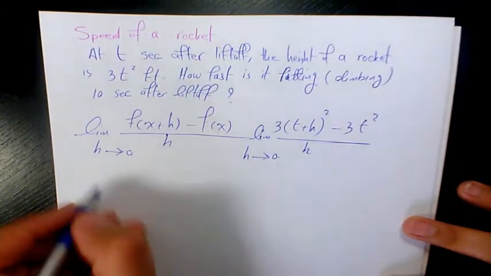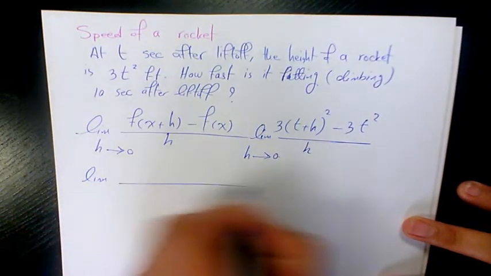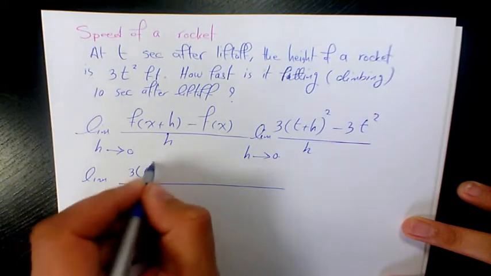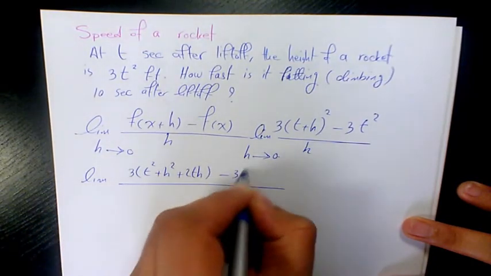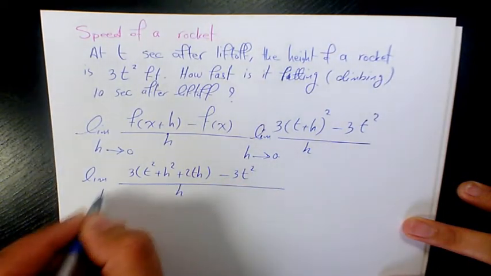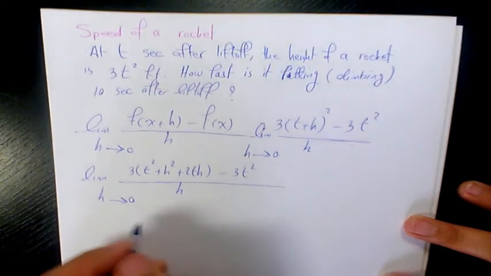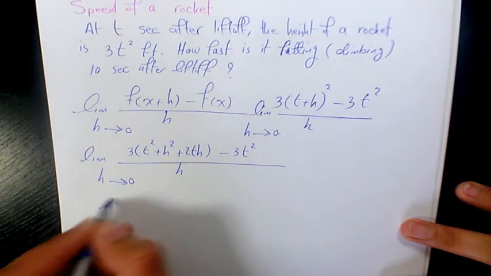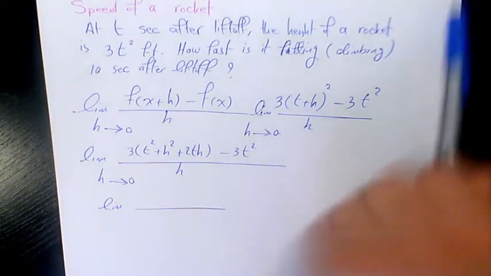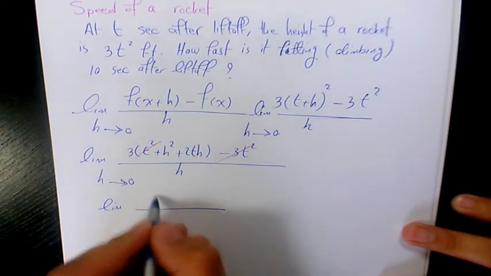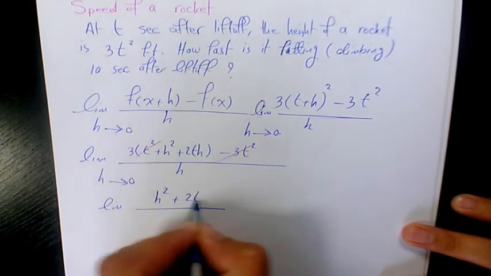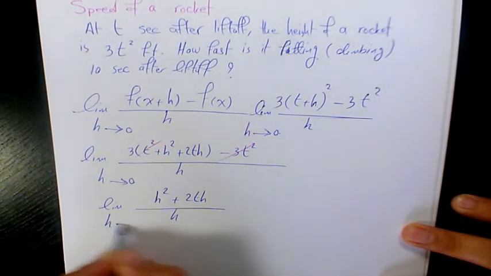Then you expand it. It's going to be 3(t squared plus h squared plus 2th) minus 3t squared divided by h when h approaches 0. Then these two parts cancel out. You have h squared plus 2th divided by h.